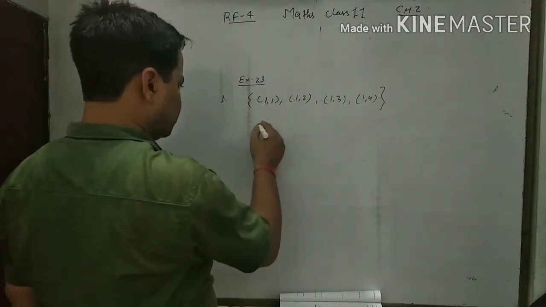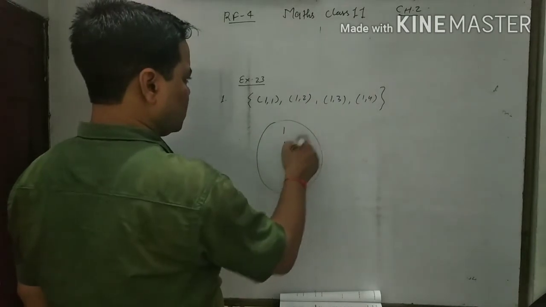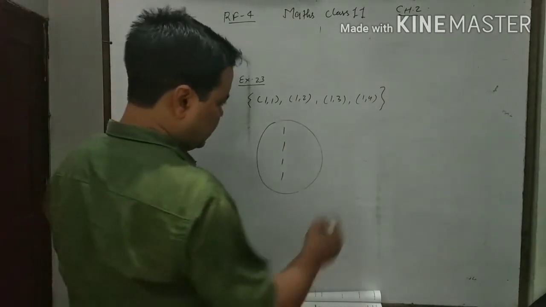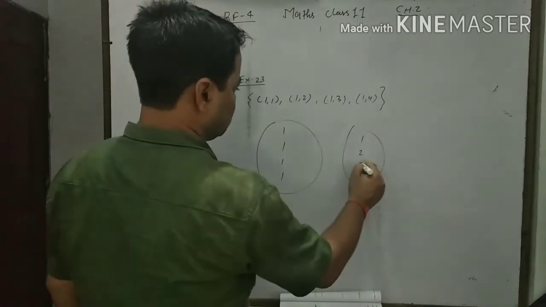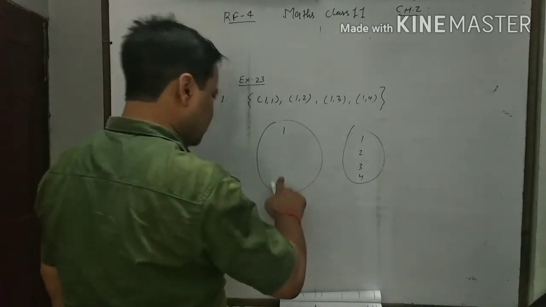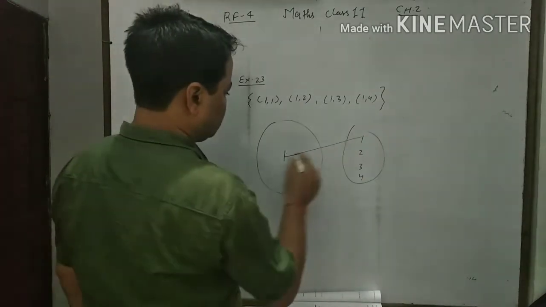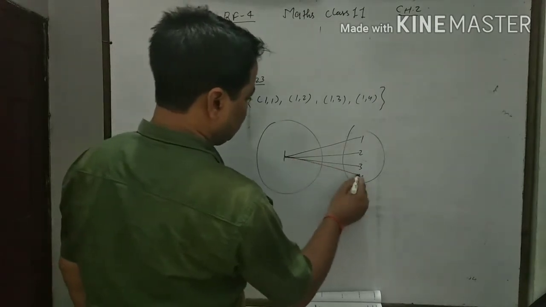Here, 1 means only one element, and here how many? 1, 2, 3, 4 means only one element we have, and this one element is related to 2 also, 3 also and 4 also.